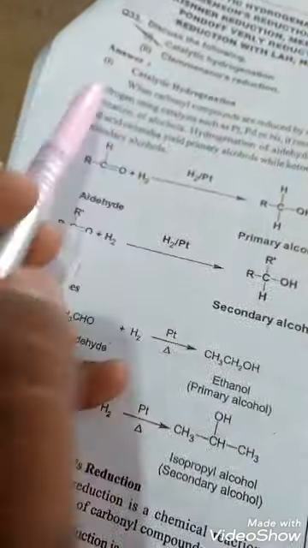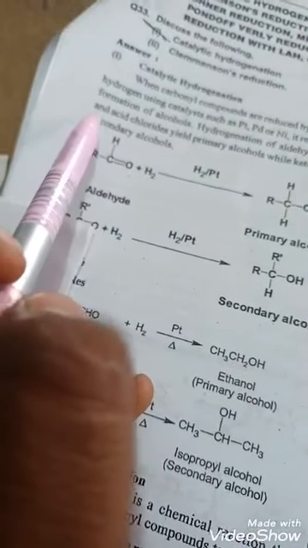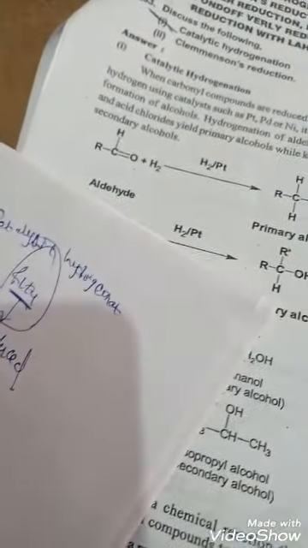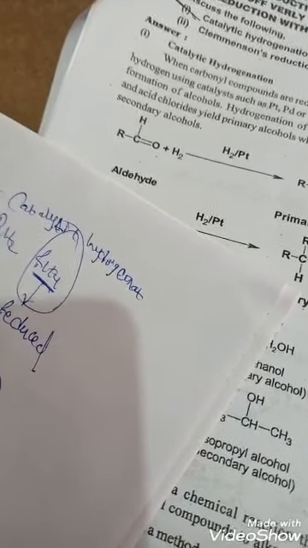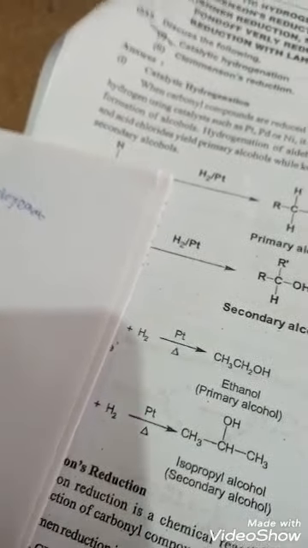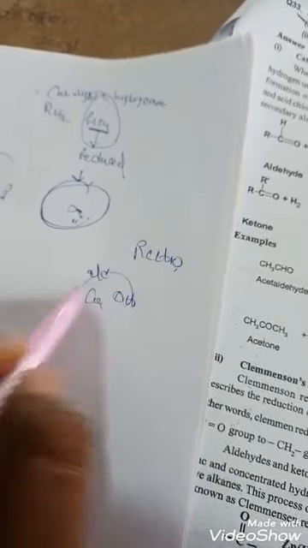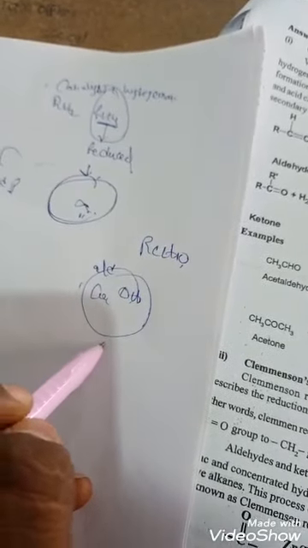Hydrogenation of aldehydes, acids, and acid chlorides yields primary alcohols, while ketones yield secondary alcohols. Aldehydes we know as RCHO. Next, acids, COOH. Next, acid chlorides, COCl.